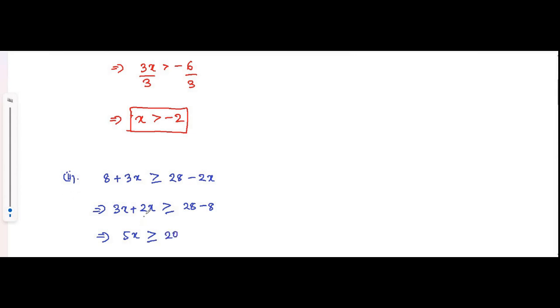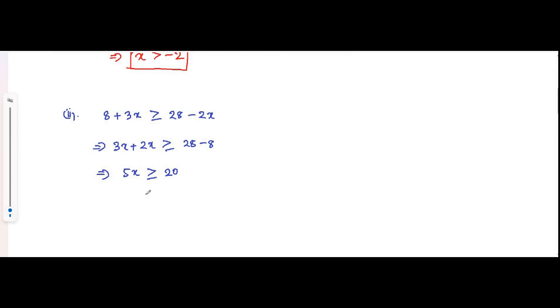Now we'll divide both sides of the inequation by the same positive number. So here 5x by 5, here 20 by 5. That implies x is greater than or equal to 4. This is the solution of the given inequation.